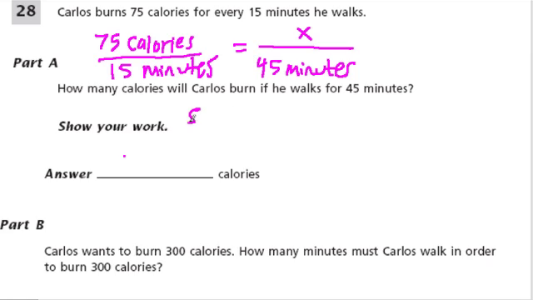Well, I would say, if you notice, 15 times 3 gives us 45. Then the number x should be 3 times greater than 75.